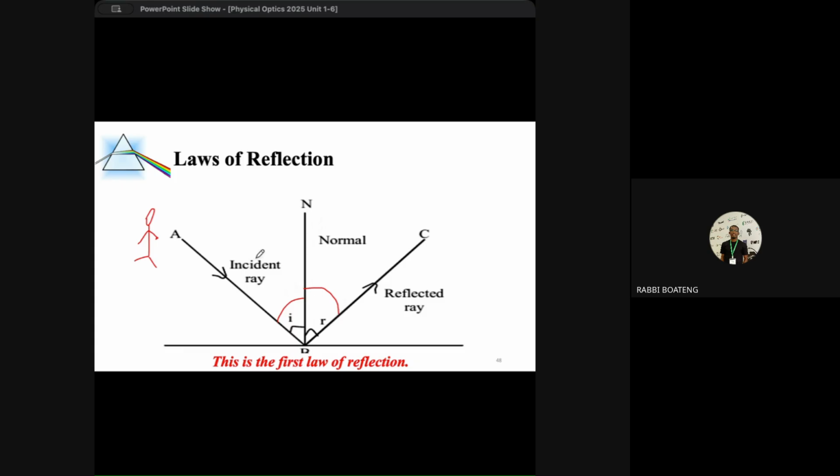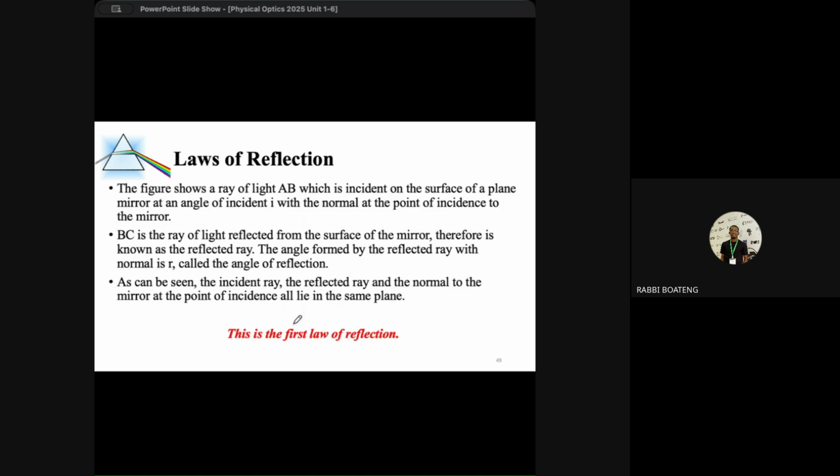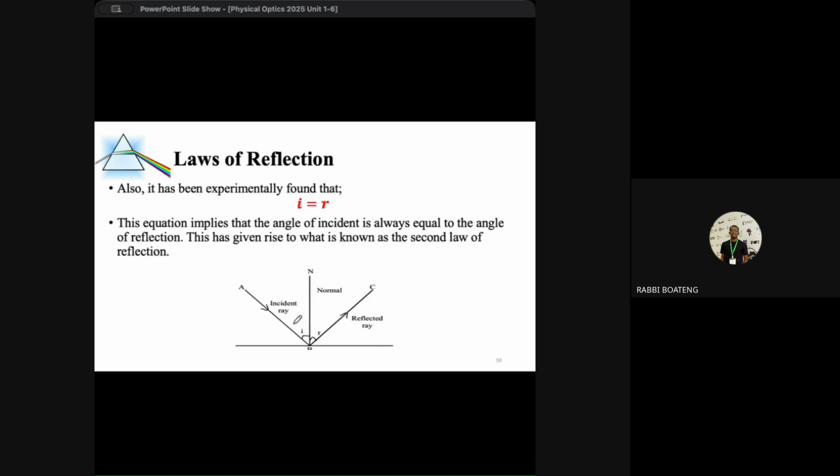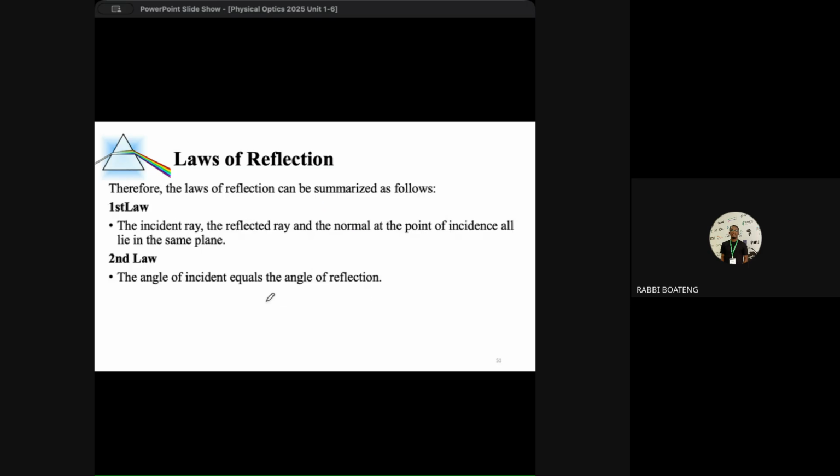A situation like this depicts the law of reflection: if we have a surface, the incident ray, the reflected ray, and the normal at the point of incidence all lie on the same plane. Another law says this angle is always equal to this angle, no matter the situation.